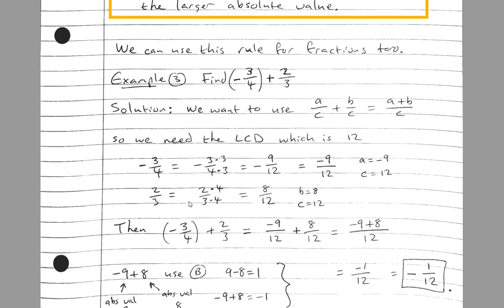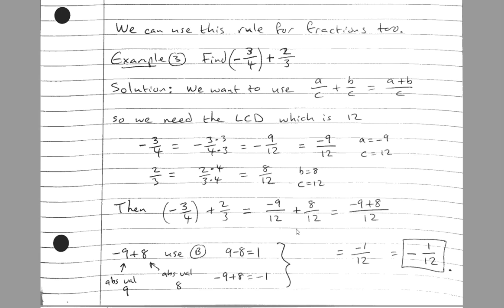So 2/3 is equivalent to 8 over 12. So it's like the B is 8 and the C is 12. All right, so writing it like this, we're getting negative 9 plus 8 on the top, everything over 12.